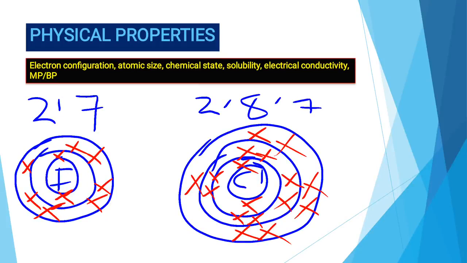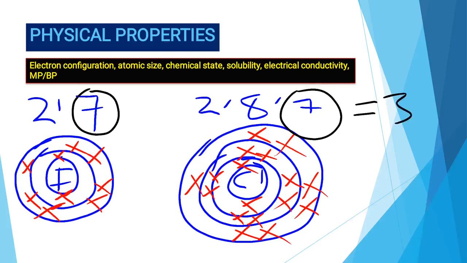If you compare the two atoms, you note that for both of them, the outermost energy level has 7 electrons. That's why the elements are said to be in group 7 of the periodic table. Comparing the atomic size, fluorine has a smaller size compared to chlorine. This is because chlorine has an additional energy level, so it has 3 energy levels, while fluorine has 2 energy levels.